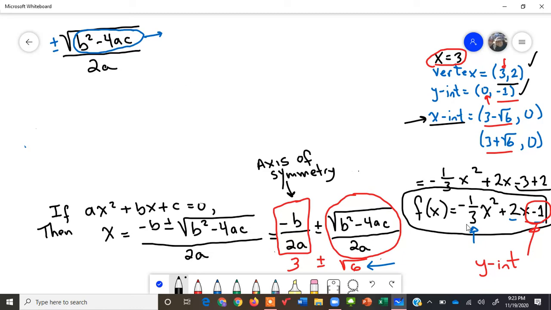B is 2. So we have 2 squared minus 4. A is negative 1/3. C is negative 1.